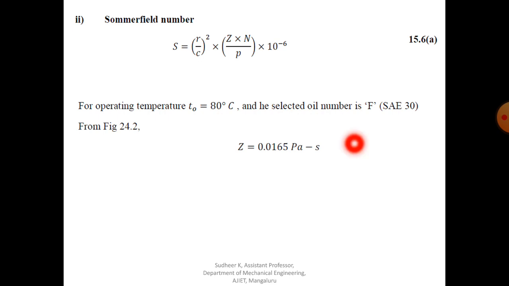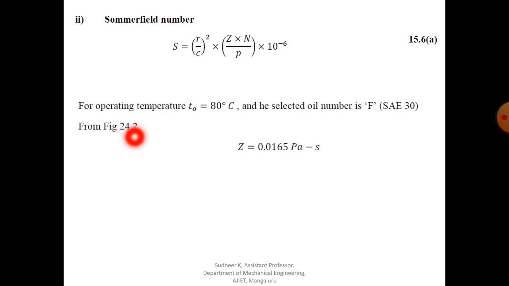The oil is selected based on SAE oil characteristics, given as SAE 30, which can be used as an automobile oil. The oil number F is the notation of the oil in order to check the viscosity from the viscosity-temperature relationship, which you will get from figure 24.2 with the help of the Lingaya data handbook.